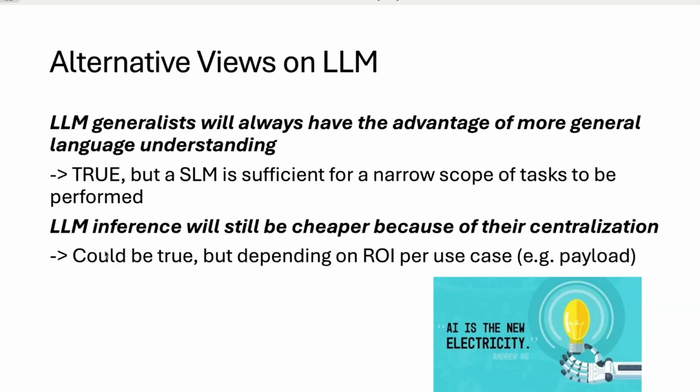And also another point is, LLM inference will be cheaper because of centralization. This is also true, because Andrew Ng also mentioned that AI is the new electricity, right? It should be as easy to use as electricity, so that you don't need to manage the model training. You don't need to worry about maintaining the model, all of that. That is totally true, right?